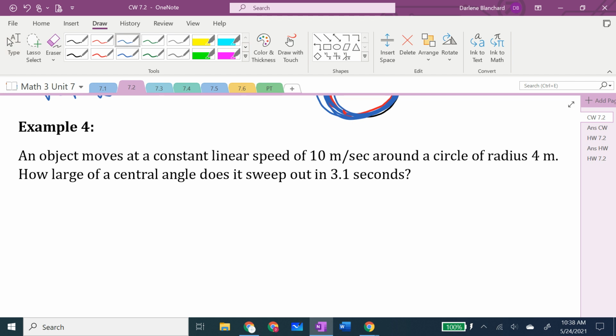So I know my linear speed. And linear speed is using the letter V to represent it. I know my linear speed is 10 meters per second.